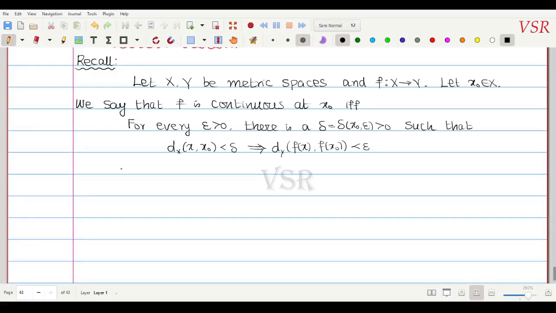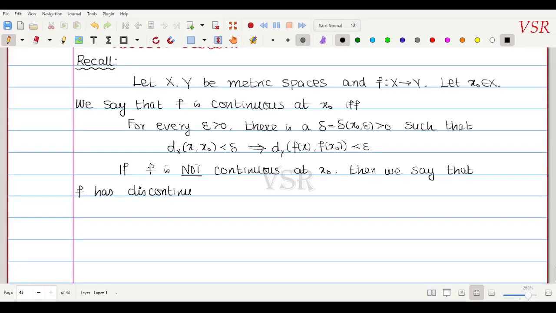If f is not continuous at x naught, then we say that f has a discontinuity at x naught.